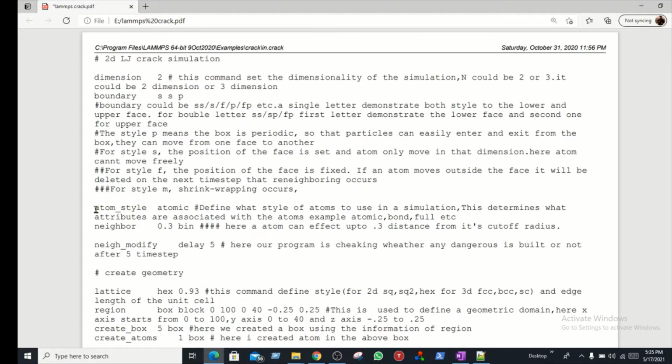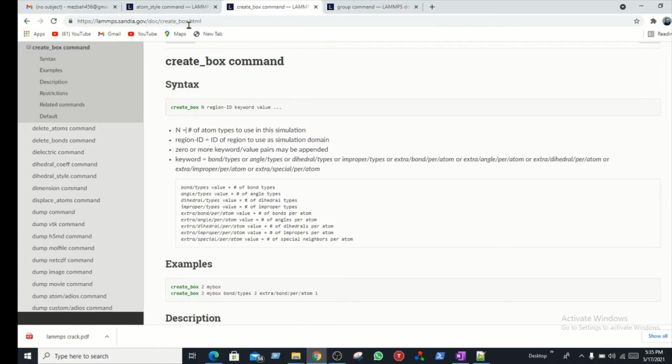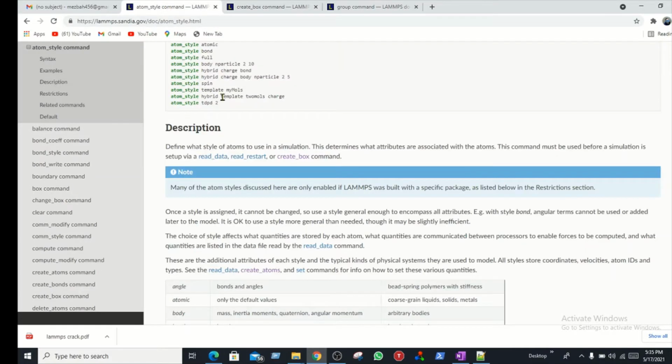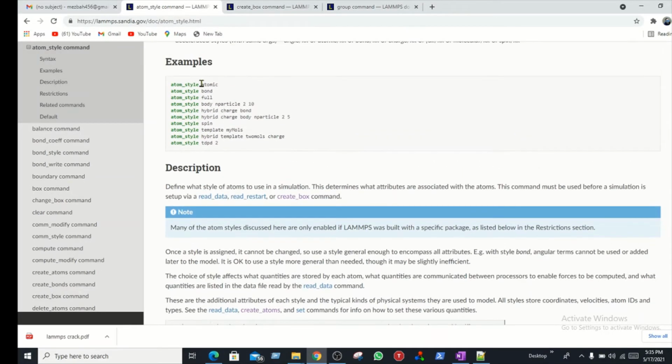And now the atom style atomic, and what does it mean? It defines what style of atom to be used in a simulation box. If I go to the LAMMPS documentation, here you can see that we can use many types of atom style.